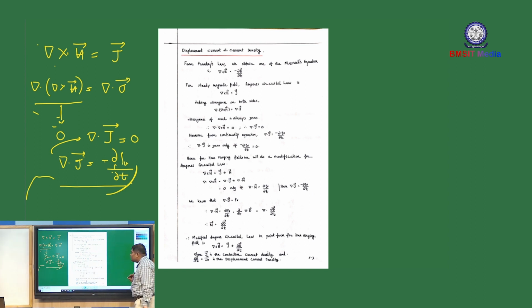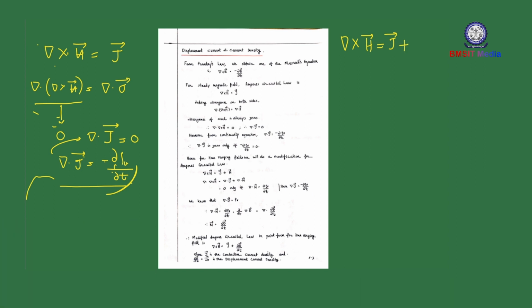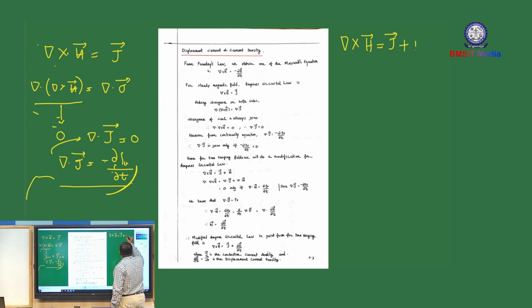Now what we have to do is, let us say del cross H is equal to J according to Ampere circuital law, but we are going to introduce one more parameter or some constant here, that we can consider as N cap. That is a constant vector we can consider here. Now we have to apply divergence to this.